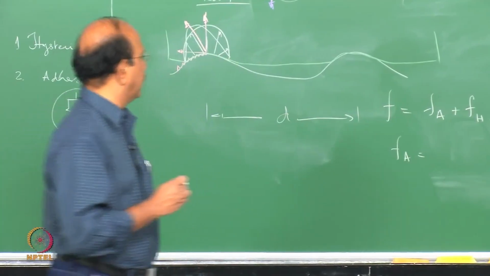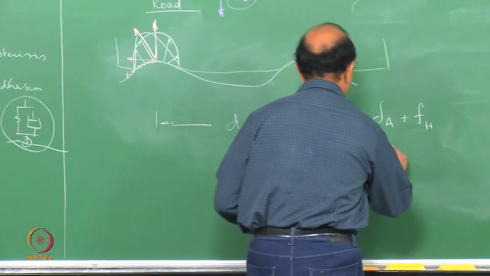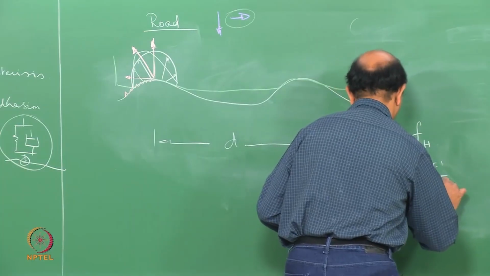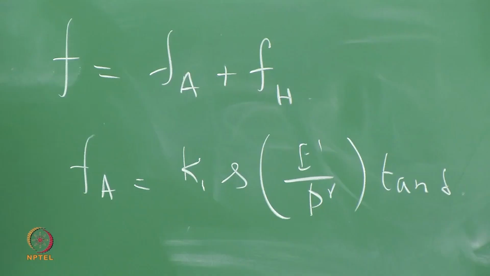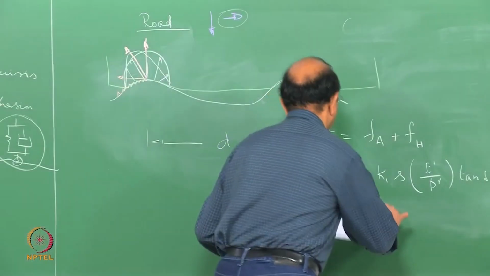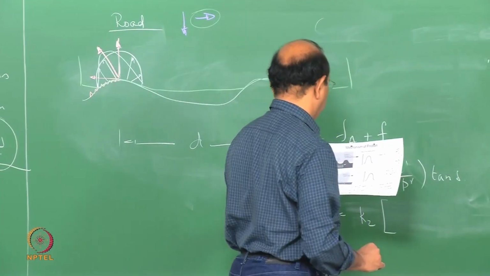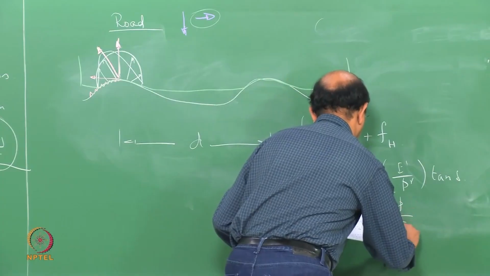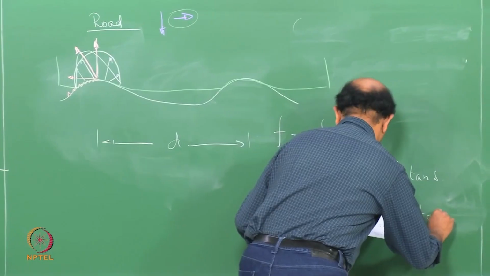So mu adhesion is given by, let me write that down carefully, K1 into S into (E prime by P) power R into tan delta, and mu hysteresis is equal to K2 into (P divided by E prime) power N into tan delta.